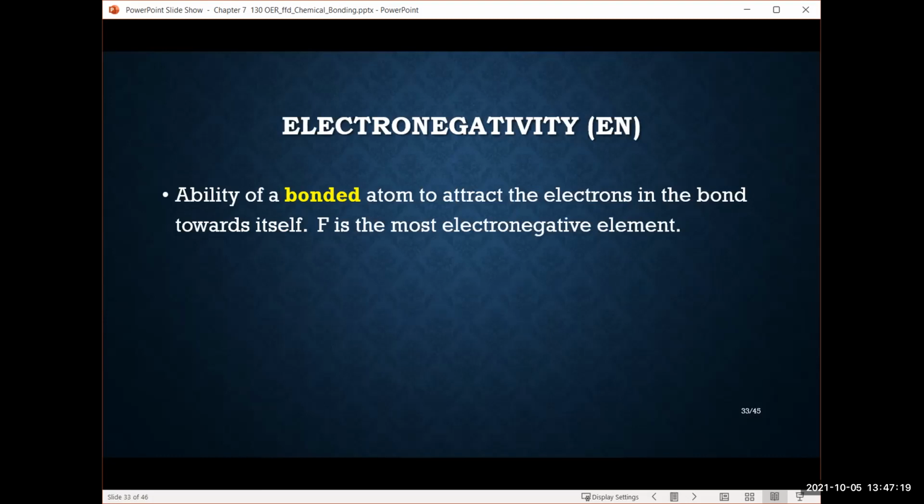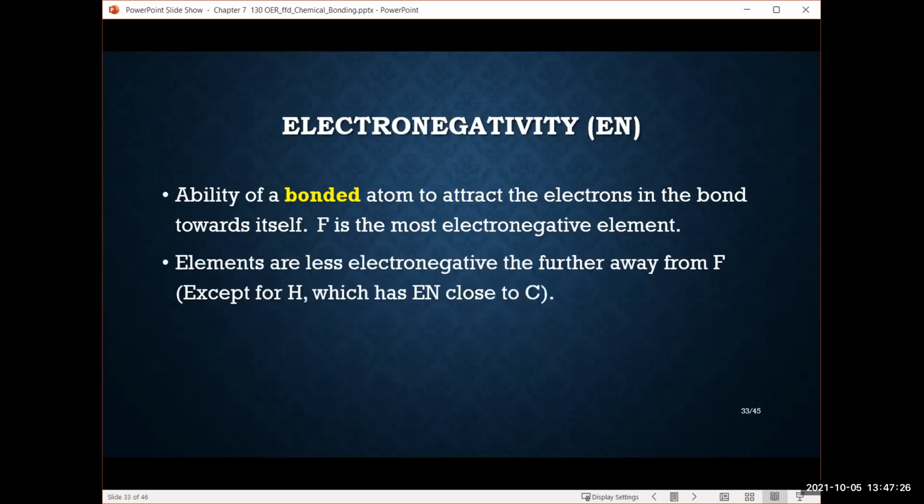And this is all related to electronegativity. Recall that fluorine is the most electronegative element, okay? And we use that as a benchmark to determine the relative electronegativity of other elements, determined by how close they are to fluorine, because the trend is that electronegativity increases from left to right of the periodic table. From the bottom to the top, it increases, all pointing toward fluorine, okay?